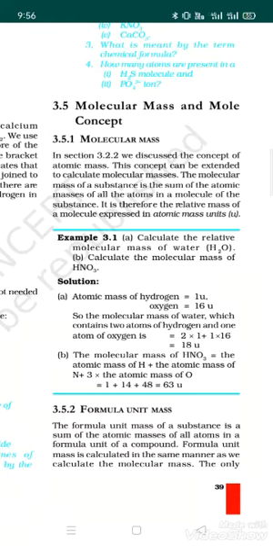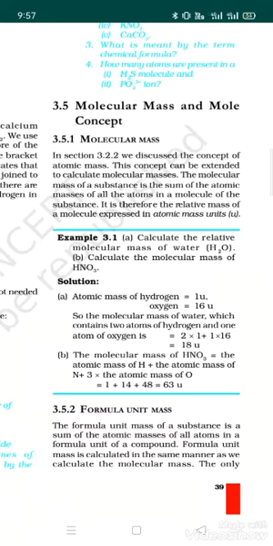So the molecular mass of a substance is the sum of the atomic masses of all the atoms in the molecules of the substance. Means if you have a substance, of course the substance is made up of molecules. If you have water, water is made up of water molecules simply.